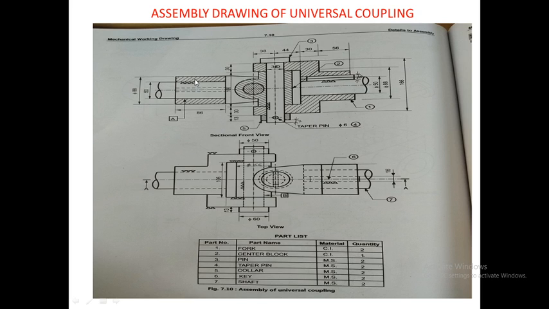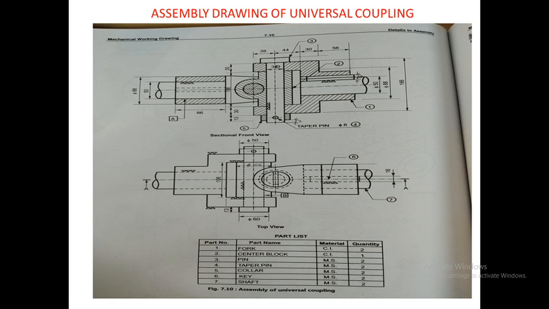You can see that the front view of the horizontal fork is similar to the top view of the vertical fork. The front view of the vertical fork is similar to the top view of the horizontal fork, because both the parts were identical, but one was vertical and the second was horizontal.